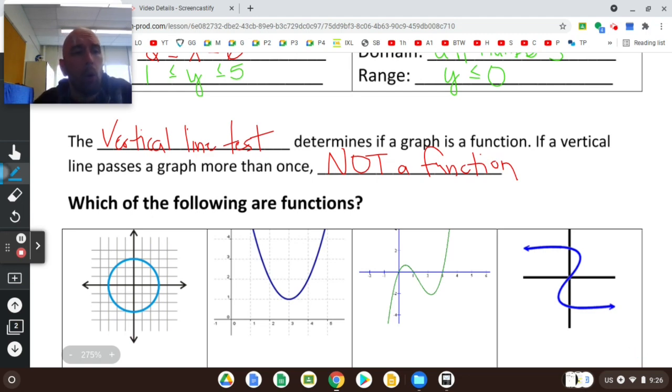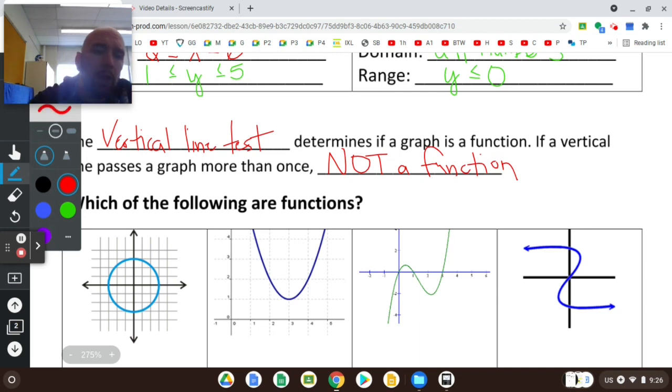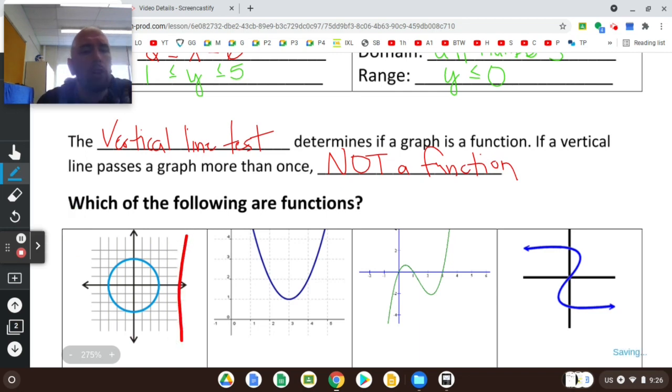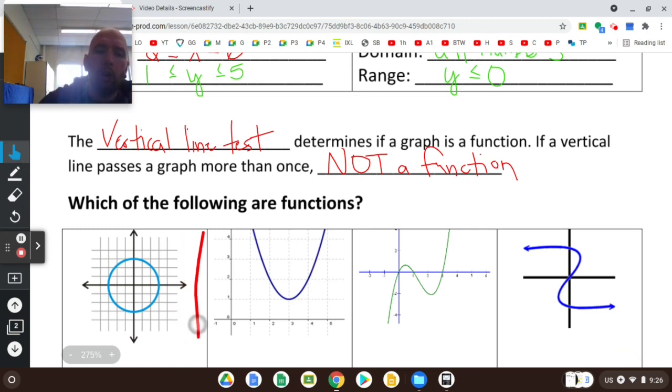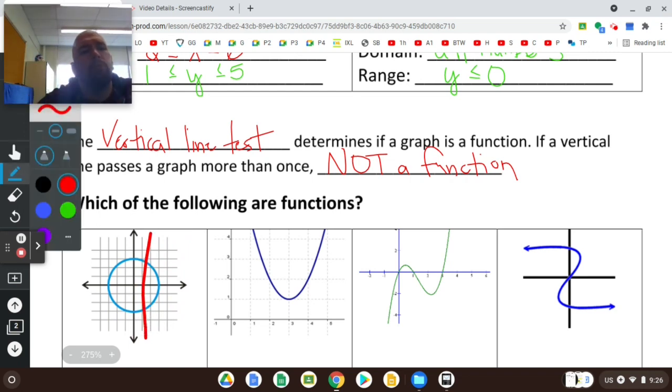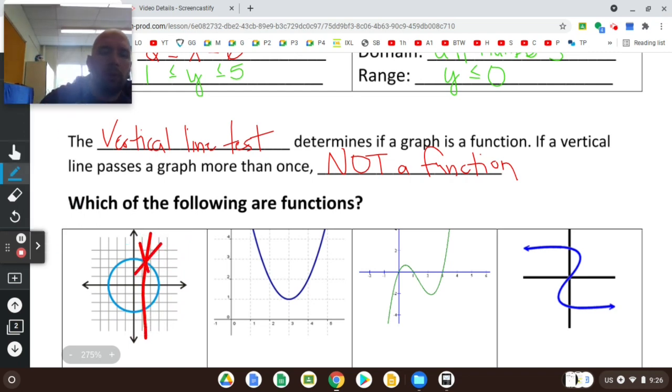So what I'm going to do is draw a vertical line. And if at any time this perfect vertical line passes through my graph more than once, it's not a function. So beep, beep, beep. Not a function.